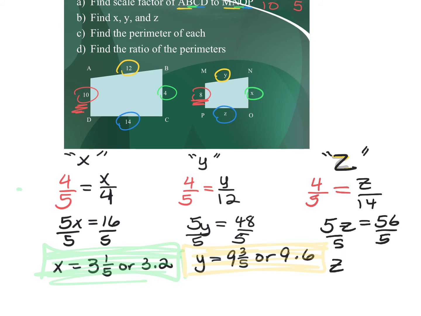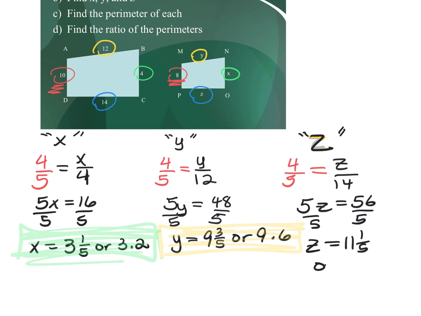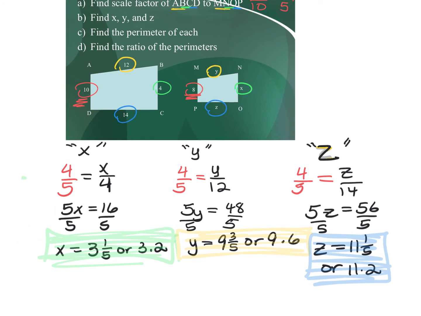And z equals, 5 goes in here 11 times with 1 left over, or it could be 11.2. I would accept either answer. So that's how we'll find the values of x, y, and z for part B.